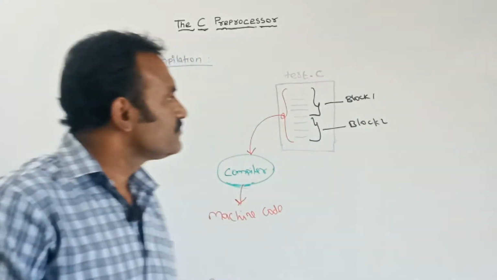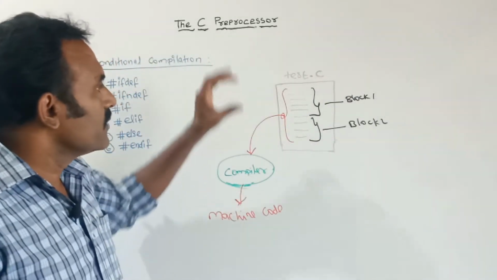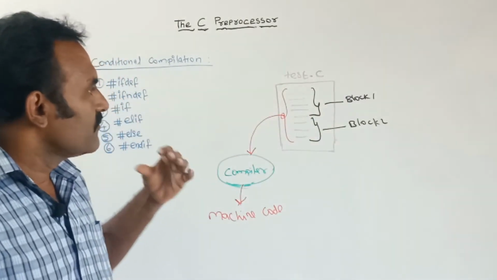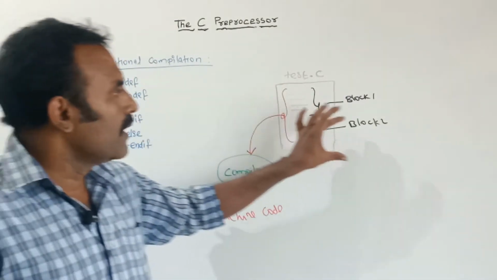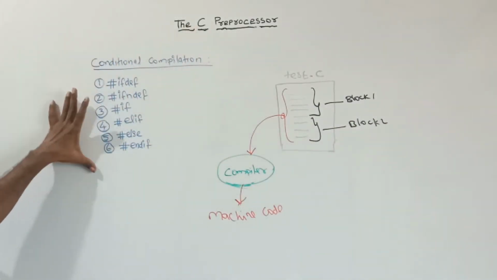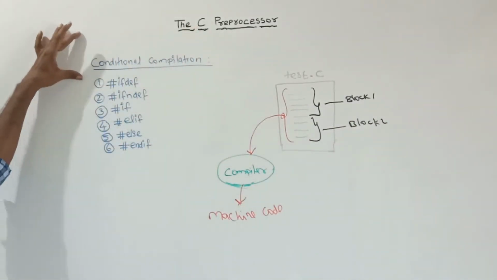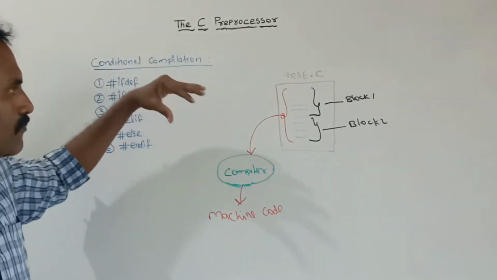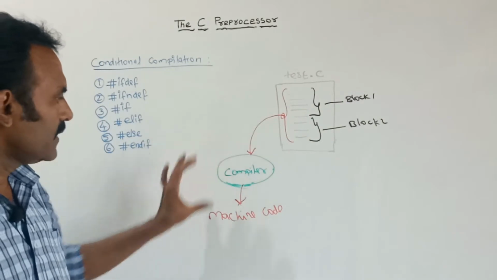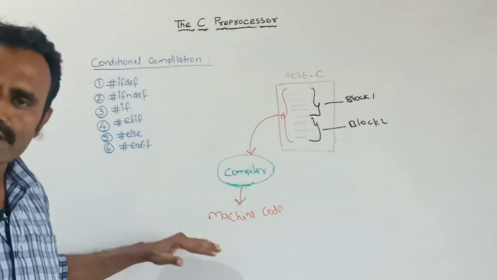Suppose we want to execute block 1 and we do not need block 2. Then with the help of these preprocessor directives, that is conditional compilation, we can tell the compiler to take block 1 and convert it into machine code.